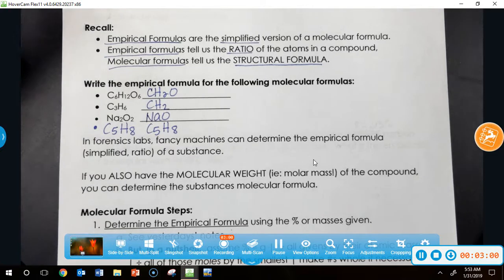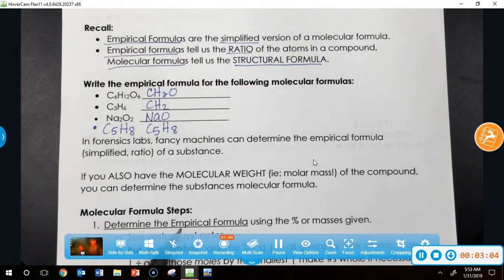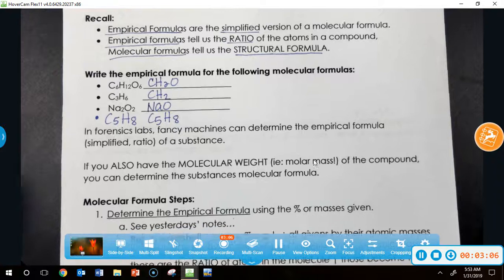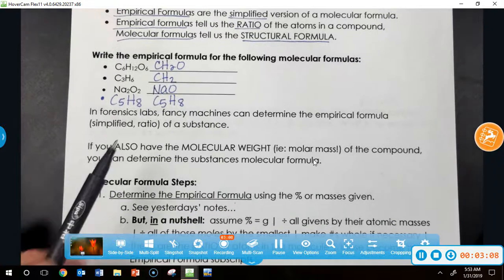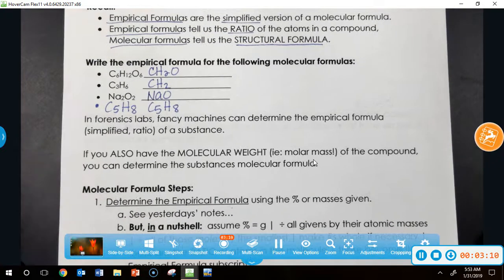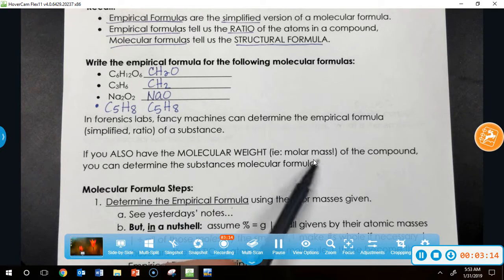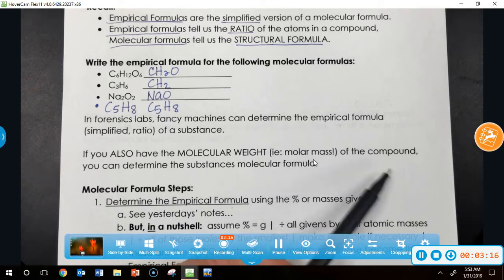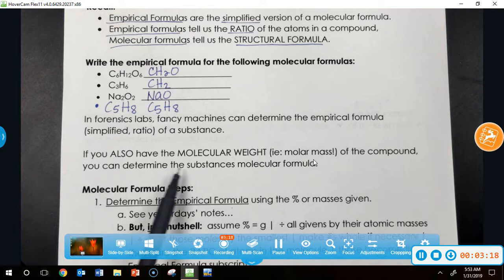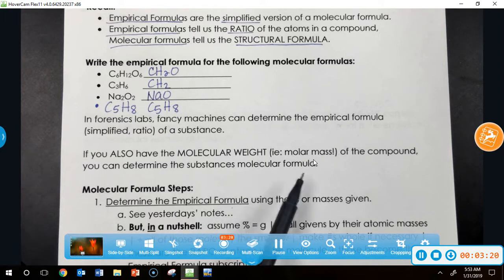We took those given percent compositions of compounds and we calculated the empirical formulas. Okay, so if in that lab they also happen to have the molecular weight, in other words, just the molar mass of a certain compound, then you can determine the substance's molecular formula.